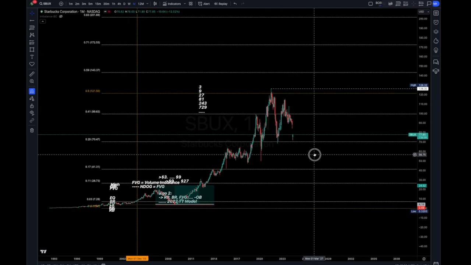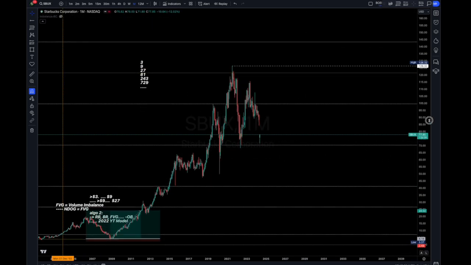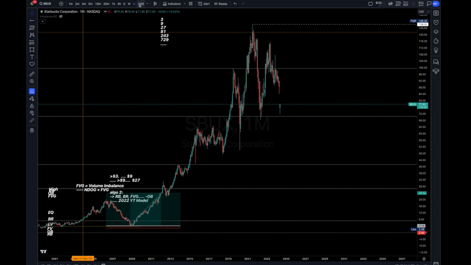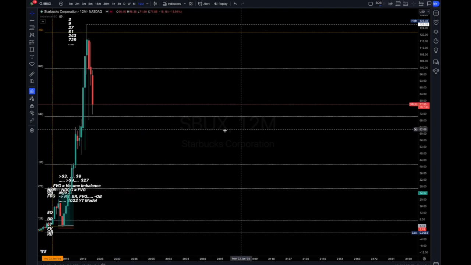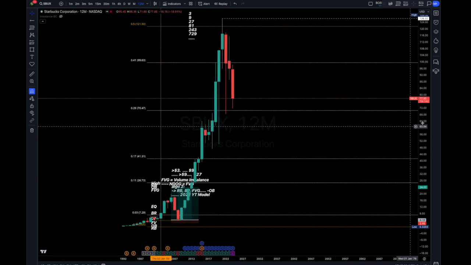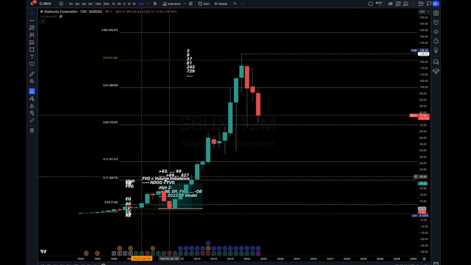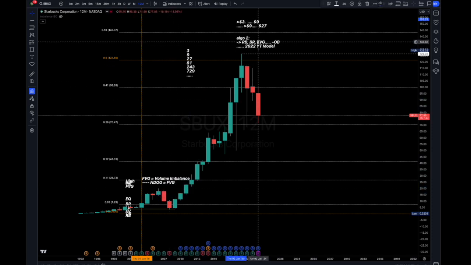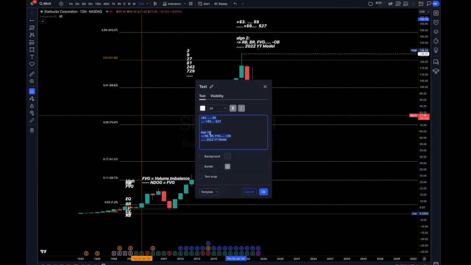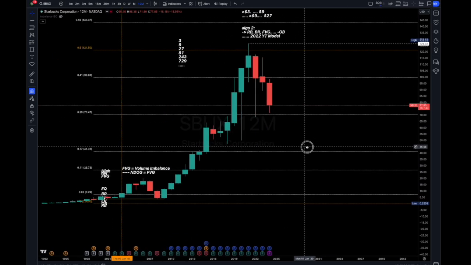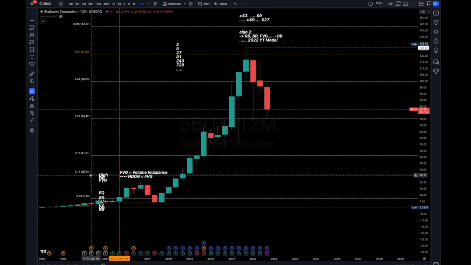Where do we expect the algorithm to retrace to? Maybe let's go to the yearly chart. Okay, where do we expect our retrace to get to? According to Algo 2, the fair value gap. That's where we were expecting our retrace to. Where is the fair value gap now?